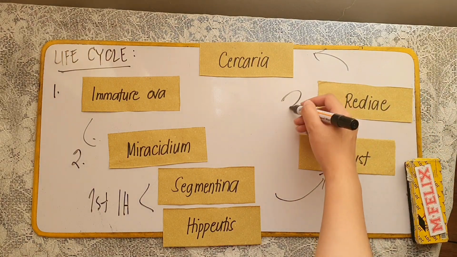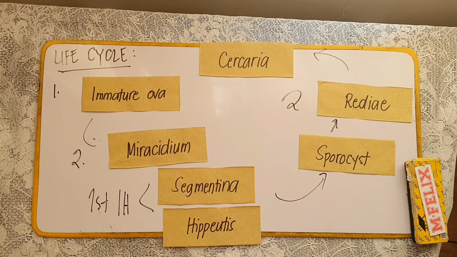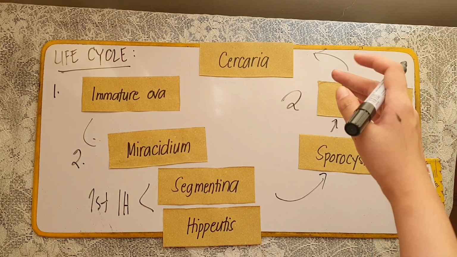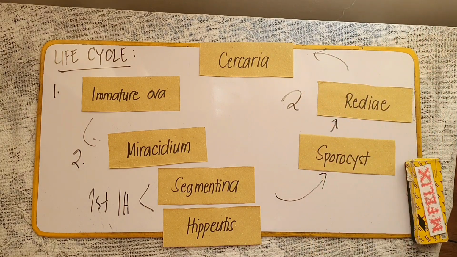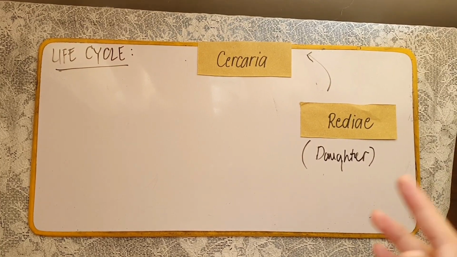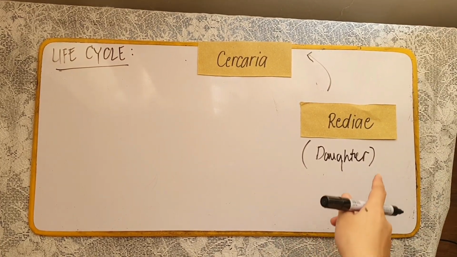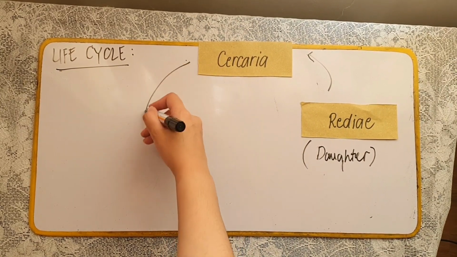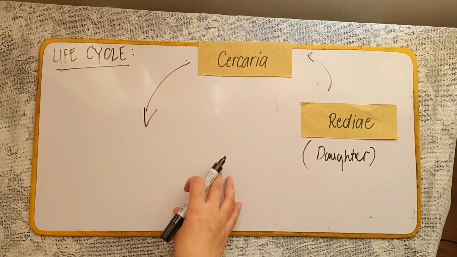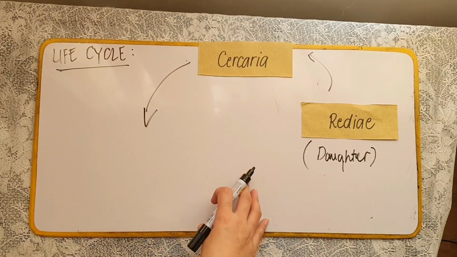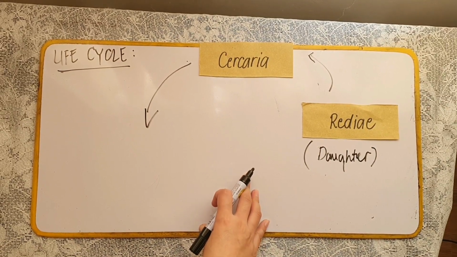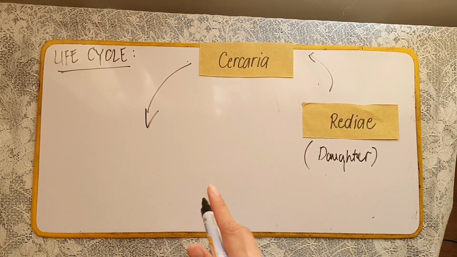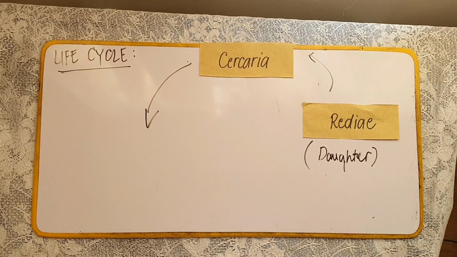This cercaria will leave the daughter radiae and undergo further development in the snail tissues. Usually after 7 weeks, the cercaria will emerge from the snails into the water.